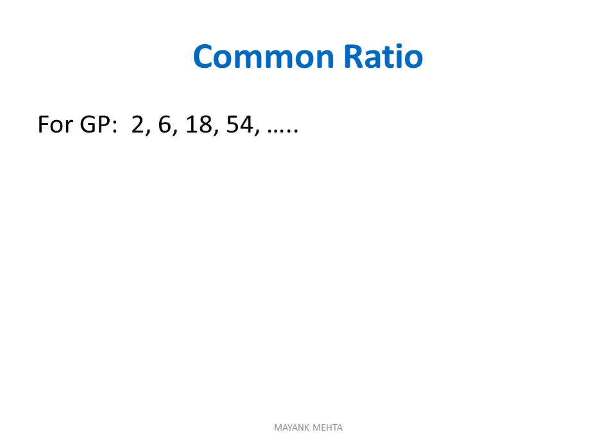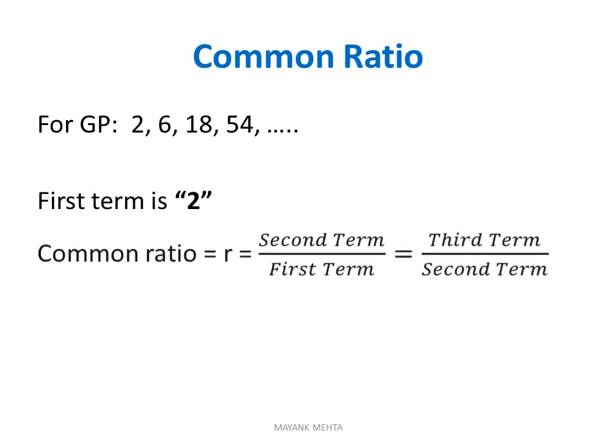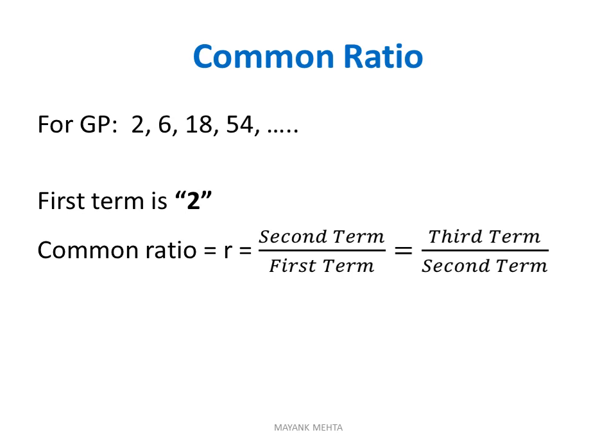So how will you find the common ratio? For the GP 2, 6, 18, 54, the first term is 2, and the common ratio is the second term divided by the first term. You can also find the third term divided by the second term. So the common ratio is 6 divided by 2, that is 3.